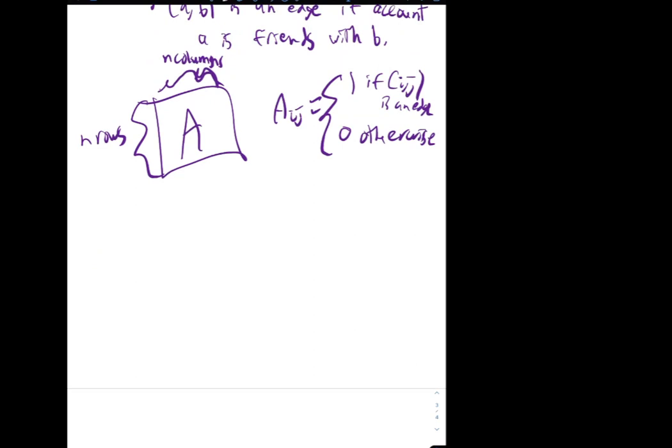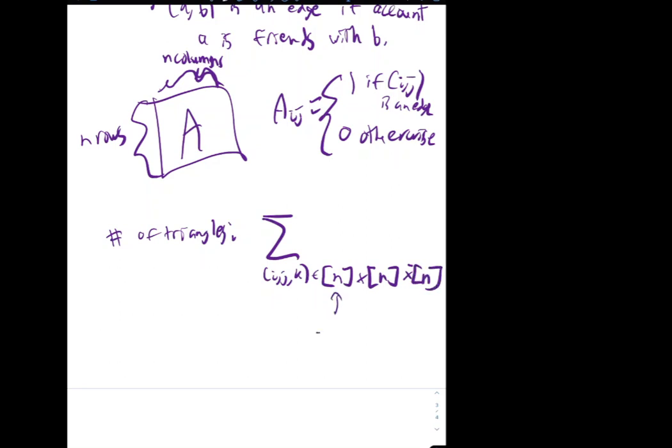Okay, so the number of triangles in the graph is as follows. You look at all triples of vertices. So let's say i, j, k in [n], where this bracket n notation just means the integers 1 up to n. So what I'm saying is we're summing over triples of nodes, like Facebook accounts Alice, Bob, and Charlie.